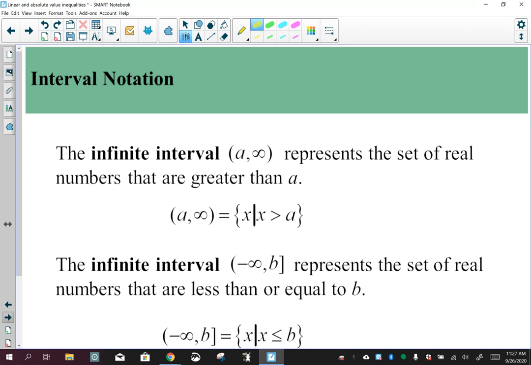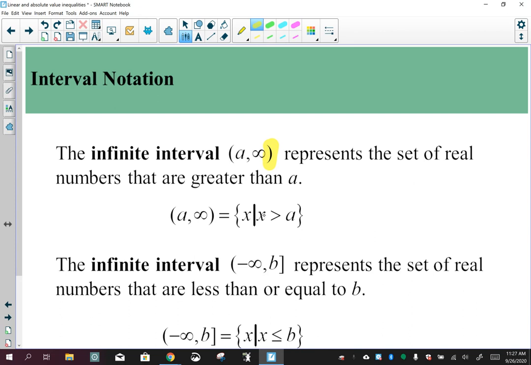Anytime we deal with an infinity, infinity is always going to be a parenthesis. It will never, ever be a bracket because we have no idea where the infinity is ever going to end. Because infinity doesn't end. So when we're looking at this, you're going to start at some number, for instance, and go all the way to infinity.